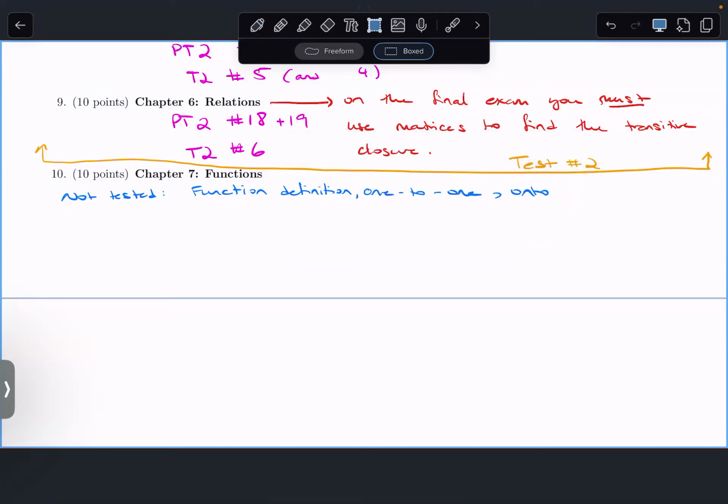One-to-one, right, is when everything in the domain maps to a unique element in the codomain, right? Not necessarily all the things, but onto is when all the elements in the codomain are being mapped to, so the codomain is the range, right? And we looked at some examples of the two of them.